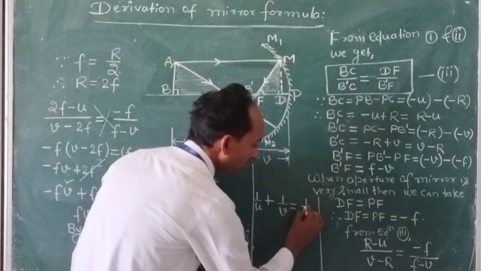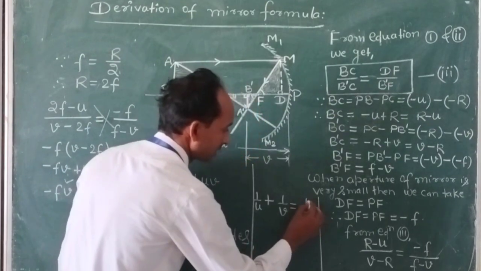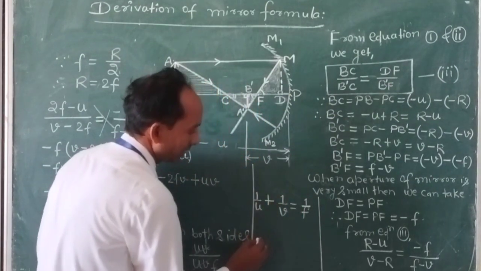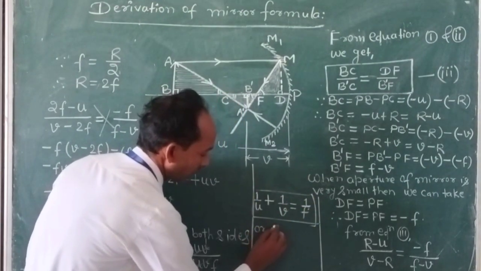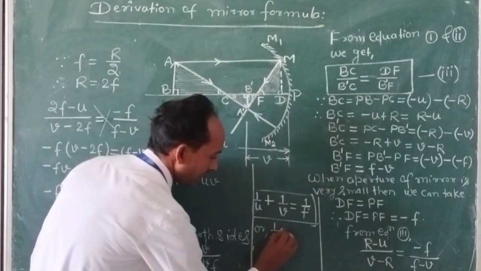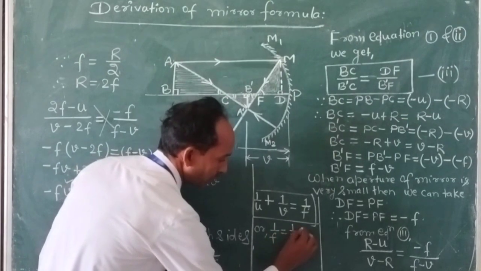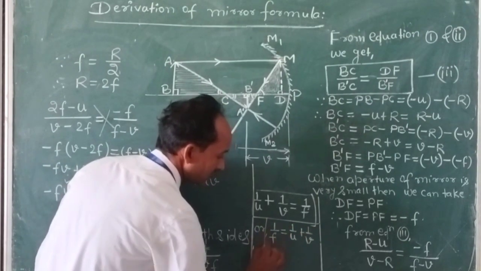And this is called the mirror formula. Or 1 by f equal to 1 by u plus 1 by v. This is called the mirror formula.